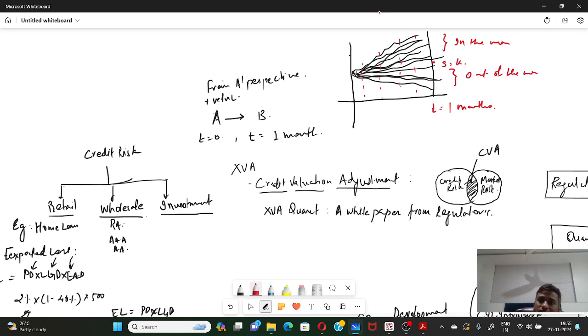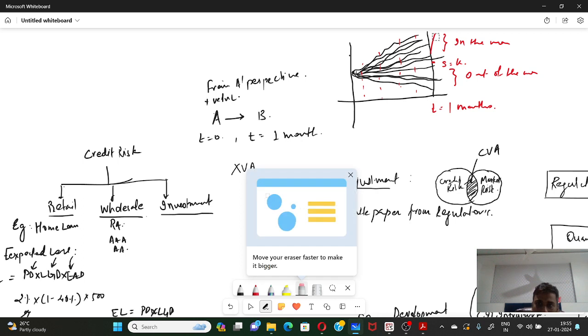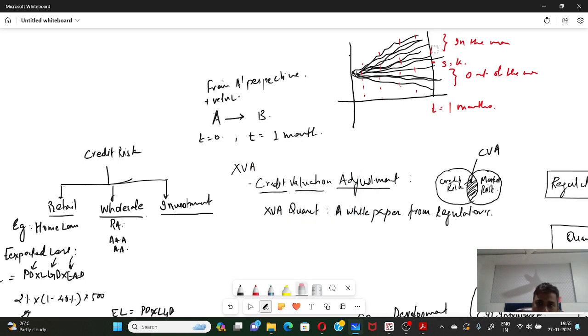So this is the region where A is worried that A has won the bet, but B will not pay up. This is the region where B is supposed to pay A and B might not pay A.